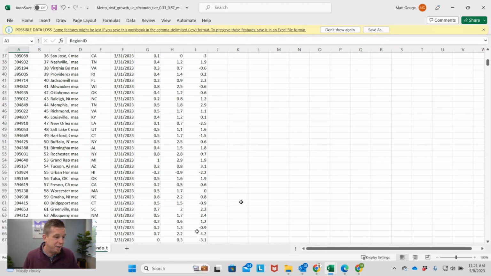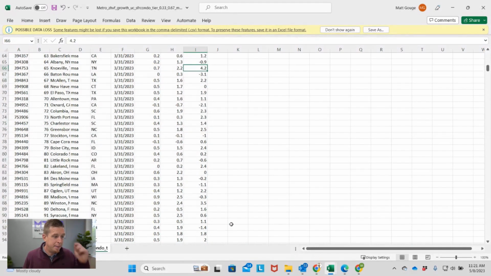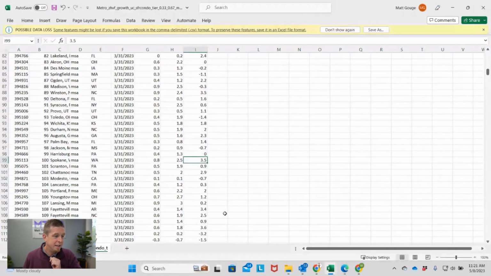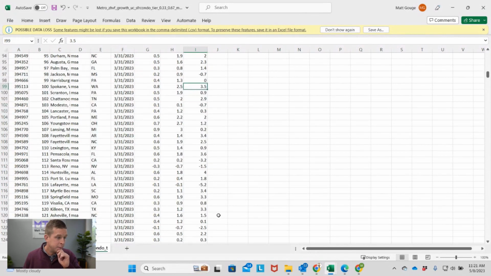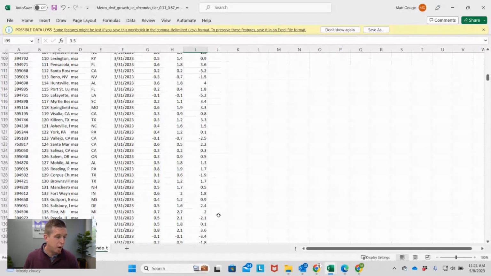Oh, there we've got Knoxville, Tennessee, 4.2% they're seeing over the next year. See if we can find one any higher than that. Spokane, Washington, that's 3.5%. There's a big negative, down 5.2%: Lafayette, Louisiana. If you're in Lafayette, could be some rough waters ahead.